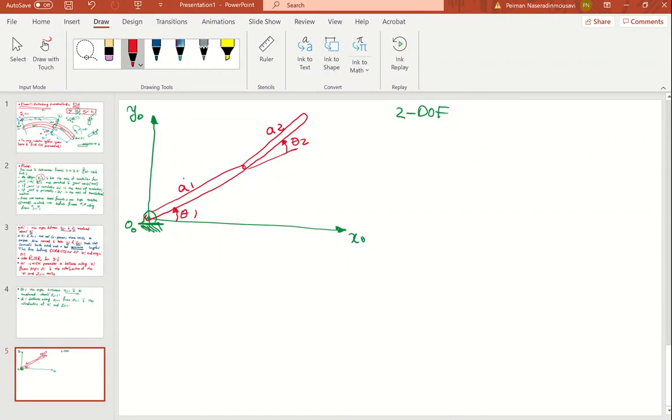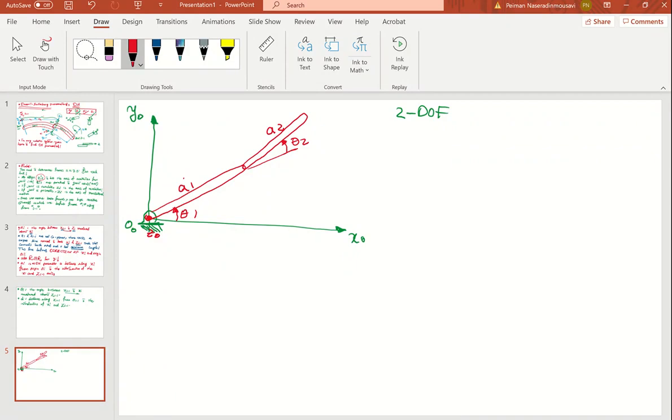Understand? So as I said previously, the Zi's are in the direction of what? In the direction of actuation. That's right. So Z is out here, coming out of the page. So here is Z0, obviously.